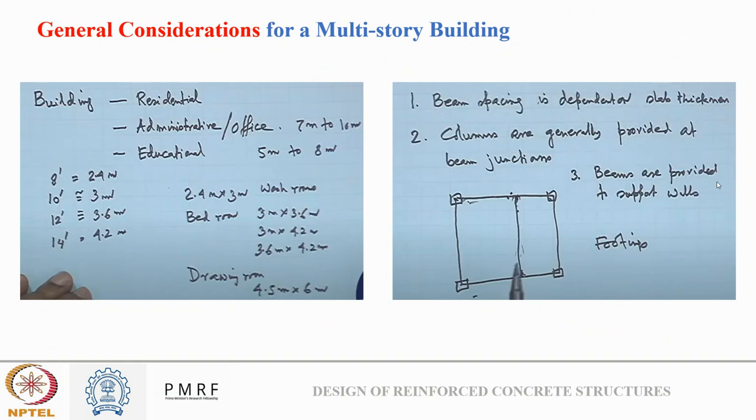Before going to that, we need to understand some basic considerations that we take when we are designing a multi-story RC building. RC buildings can be majorly classified into three domains: residential building, administrative or office building, and educational building. Generally, in design cases, dimensions like 8 feet cross 10 feet, or 10 feet cross 10 feet are mentioned.